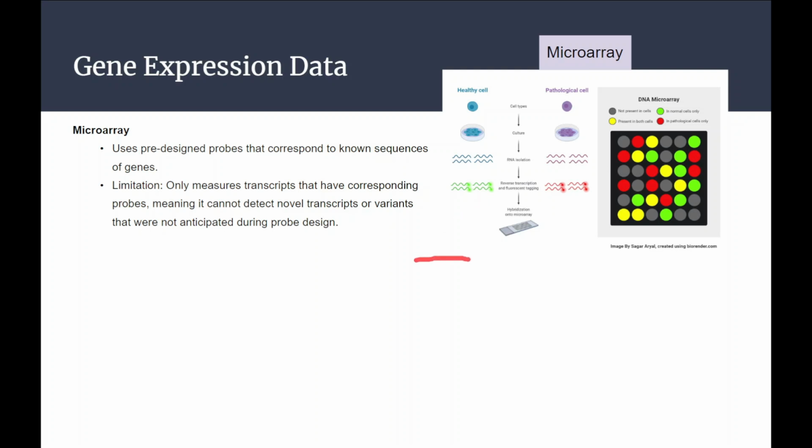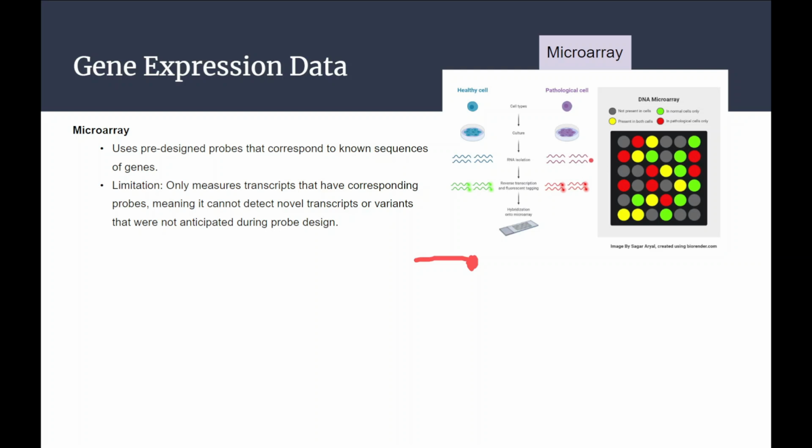Each fragment of DNA, or you can say the RNA, will have a tag. One tag for the healthy sample, one tag for the infected sample. Let's say I add a green fluorescent tag for the healthy part and red fluorescent for the pathological or infected part.